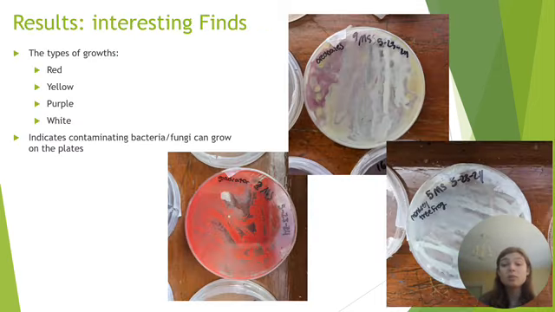With our culturing test, we found lots of different colored growth on our plates, including purple, yellow, white, and a crazy vibrant red for one particular gladiator frog, which shows, unfortunately, that we have some contamination on our plates, because chytrid fungus is not going to grow all those different colors. It's mostly going to be the simple white growth that you can see in the bottom right here.